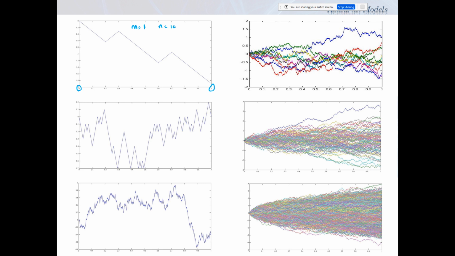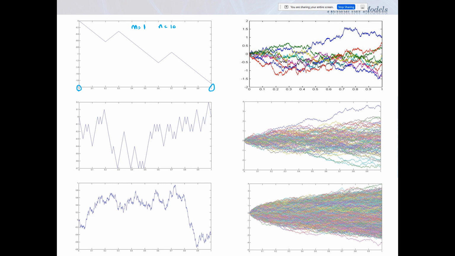Here n is equal to 10. Then on MATLAB, I simulate a trajectory for my random walk. It has gone down, down, up, down, down, down, up, down, down, down. This is one trajectory.